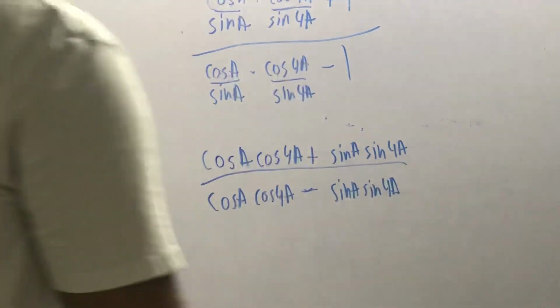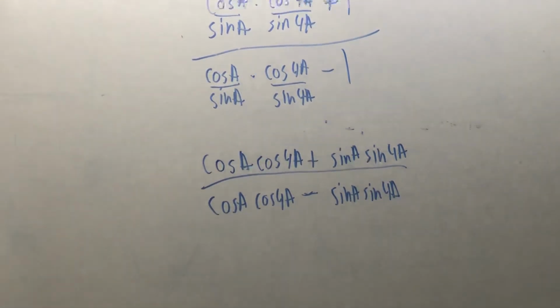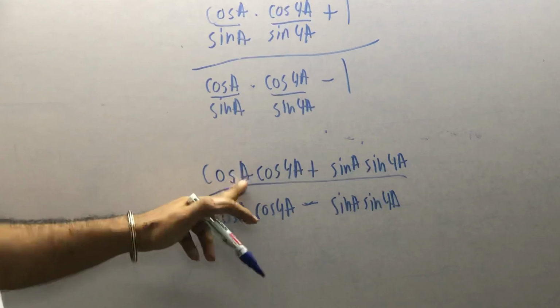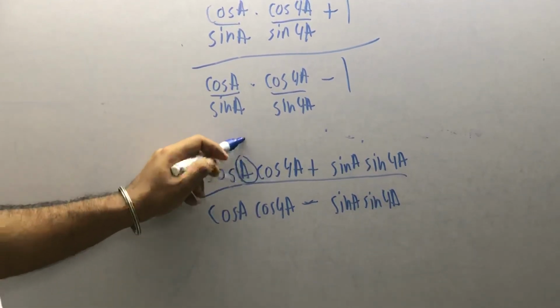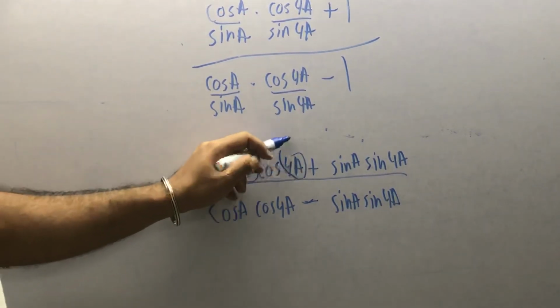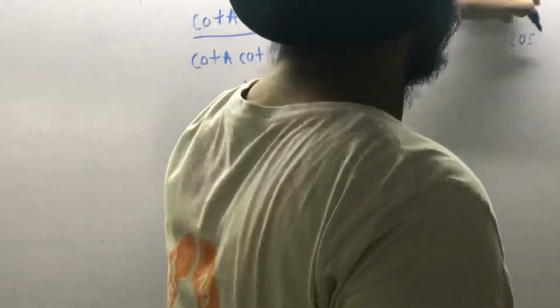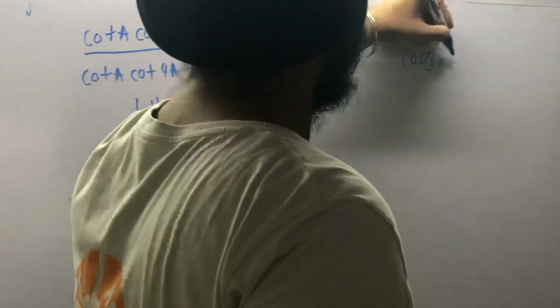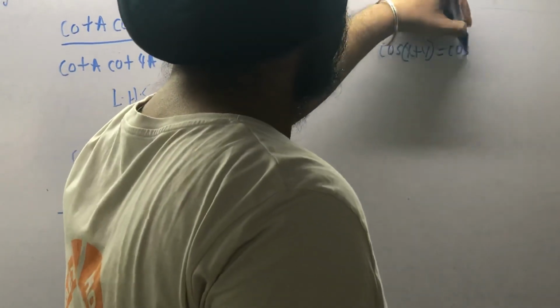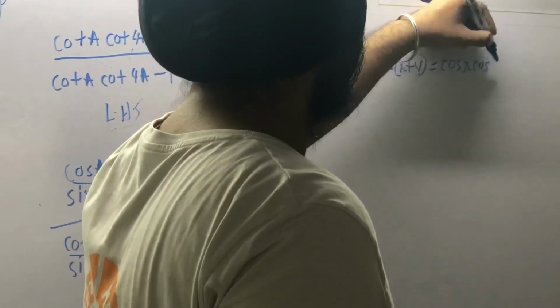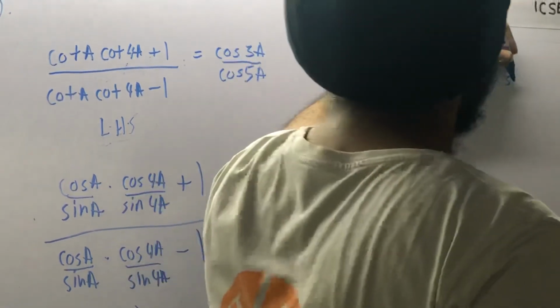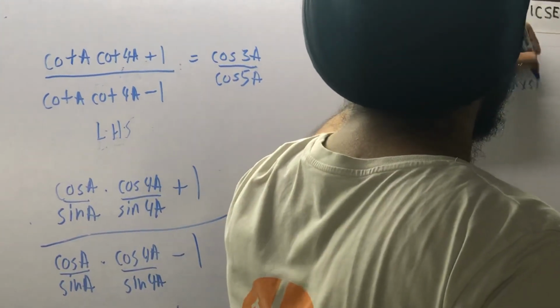Okay. Now see, this is an identity here. Cos A you can assume as x and 4A you can assume as y. Okay, so cos x plus y is cos x cos y minus sin x sin y.